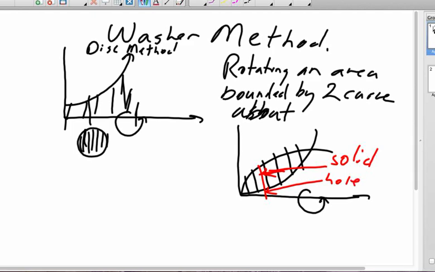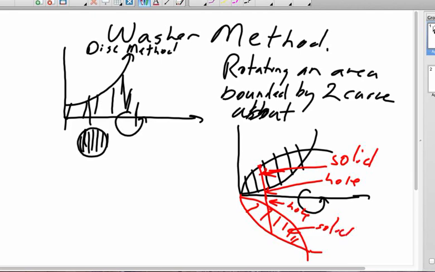is a hole. And if we continue to rotate it around, it would look like this. So I would have hole and then solid.